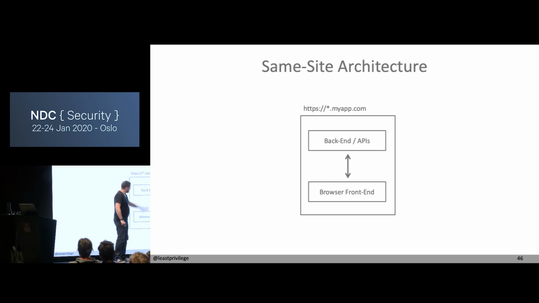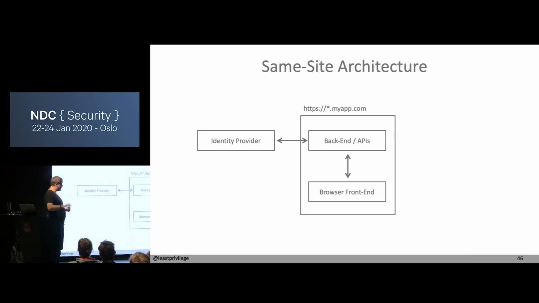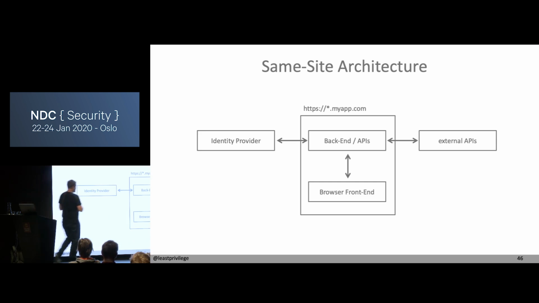And here's your front end, and here's your back end. What's the point of using tokens for that? Use cookies, right? You might have an authentication system that's totally fine. You might have to call external APIs, but if 90% of your architecture looks like this, then to be honest, to me, tokens look like overkill. Asking for them, managing them, keeping them alive, deleting them, storing them, and so on, yeah?